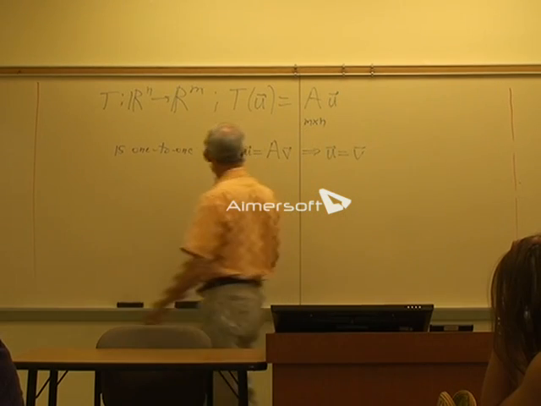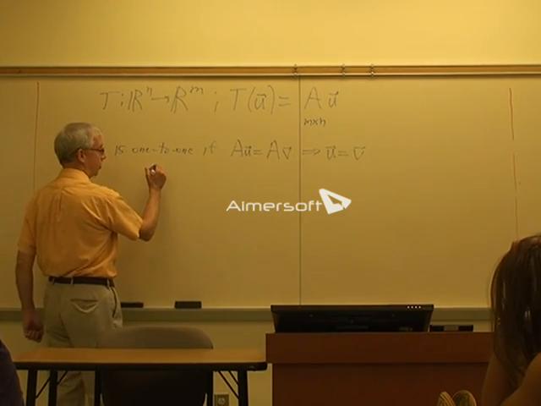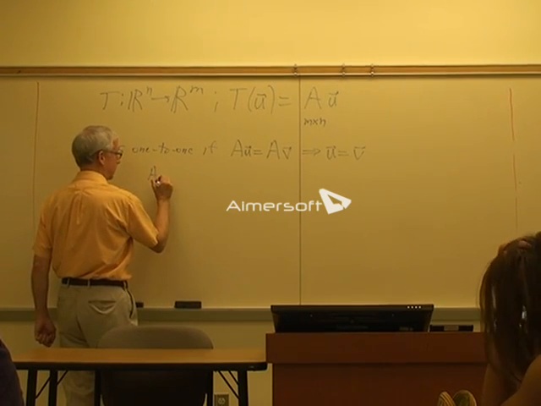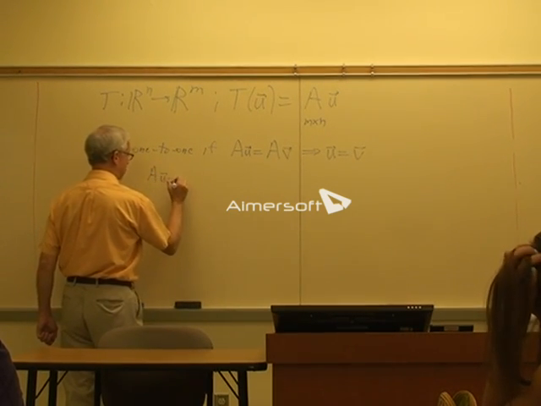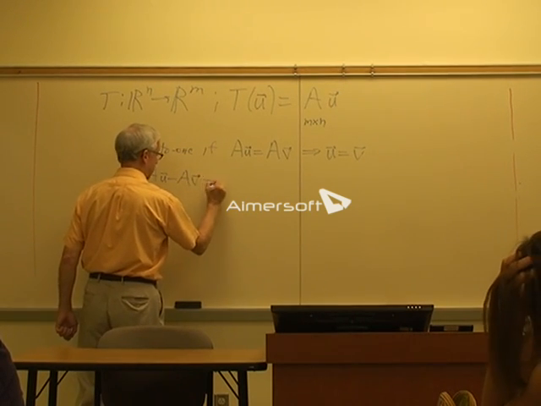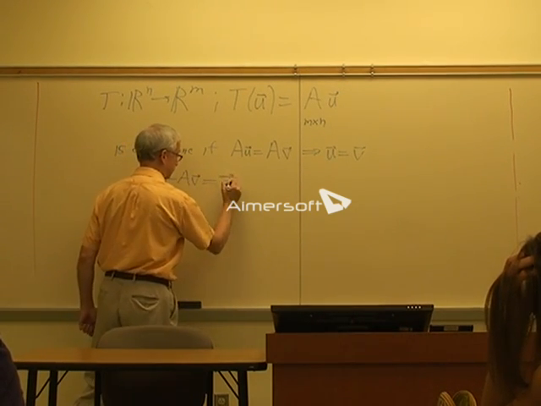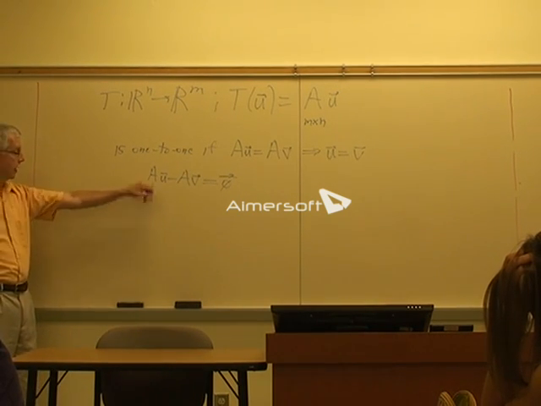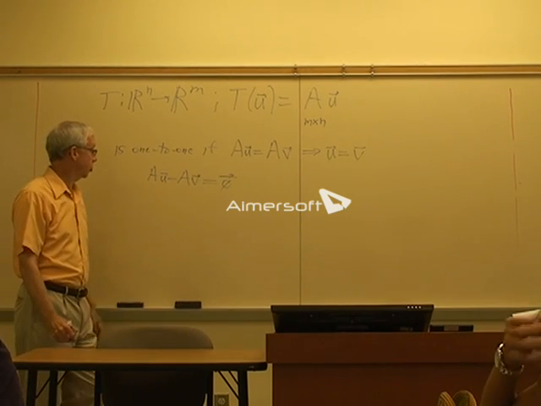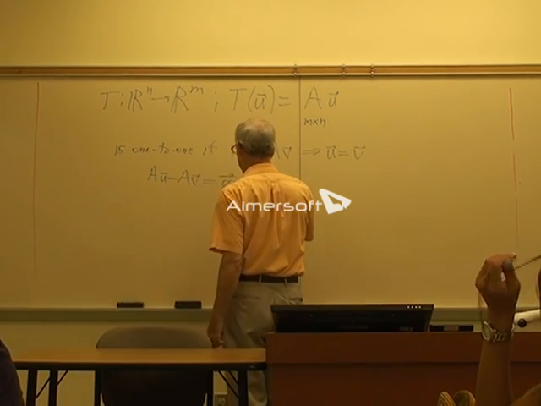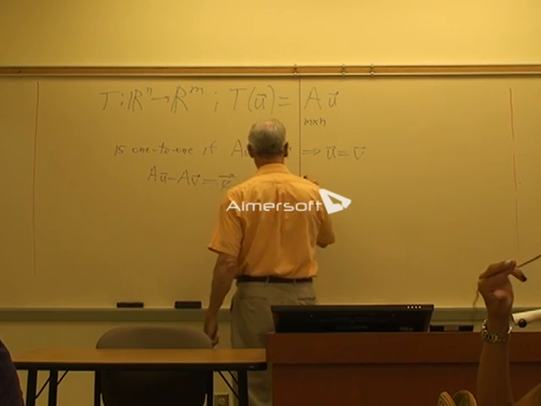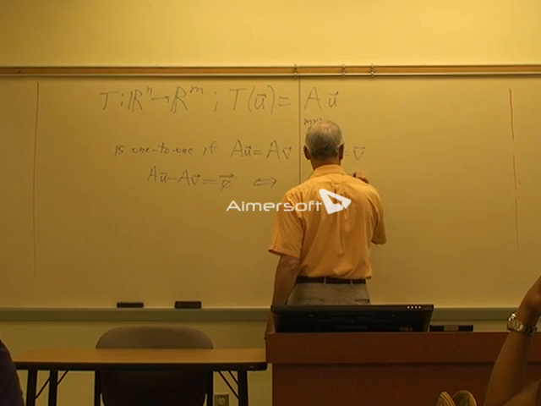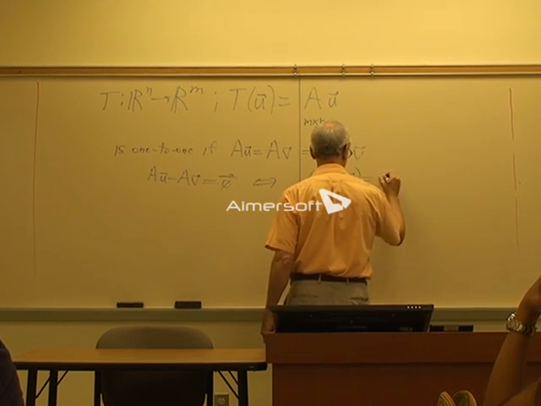But this has a nice, easy switchover. This says then if this is true, then Au minus Av must be the 0 vector, if they're equal. But matrix multiplication distributes over vector addition, so that's true only when A times u minus v is 0.